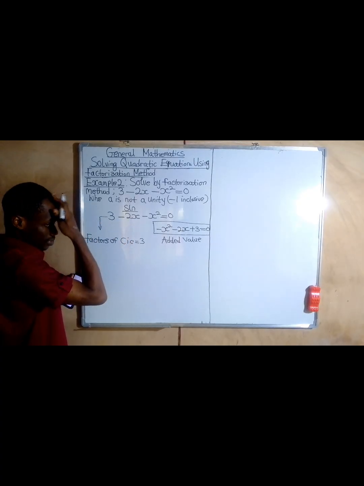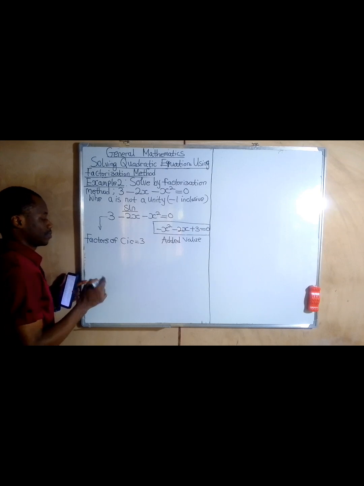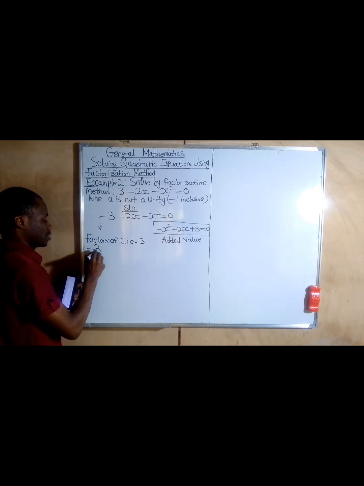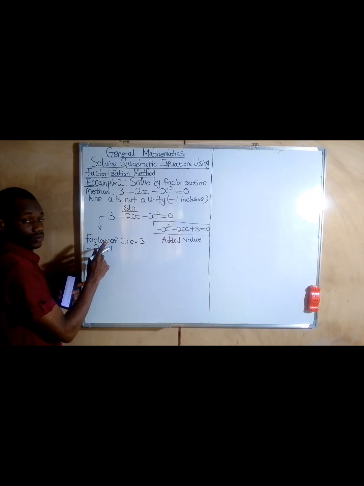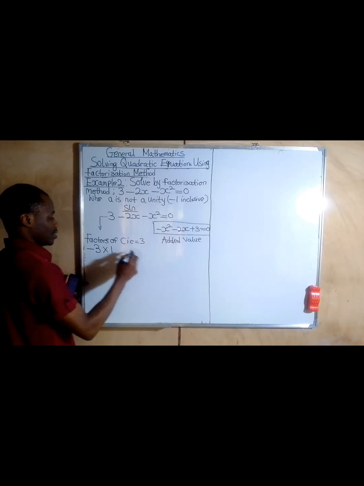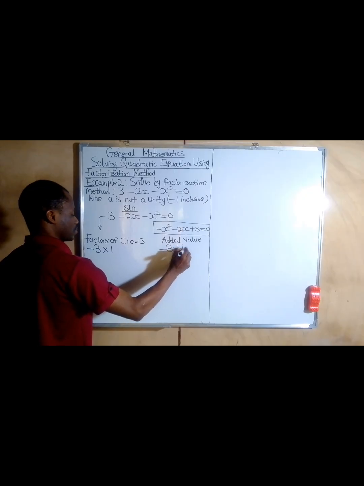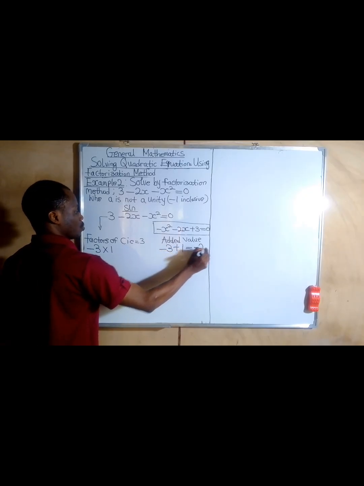So I have to use my knowledge to understand that it involves minus 1 and a positive 3, or minus 3 and a positive 1. So now, if I say minus 3 times positive 1, it will give me a negative 3. Now if I say minus 3 plus 1, that should be minus 2.